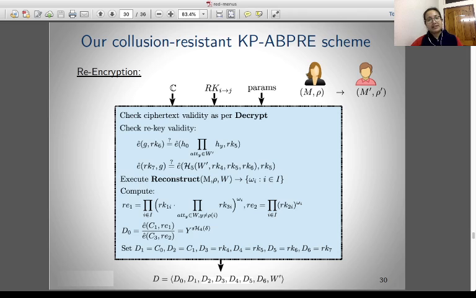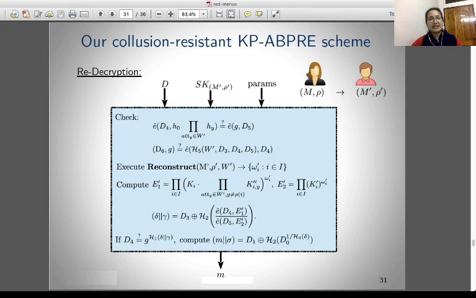Similarly, we do a re-encryption key validity check using the BLS signature we just generated. We then execute the reconstruct algorithm of the linear secret sharing scheme to generate the reconstruct shares of the secret. We compute the intermediate values RE1, RE2, and then set the re-encryption values as given here to generate the second level ciphertext D.